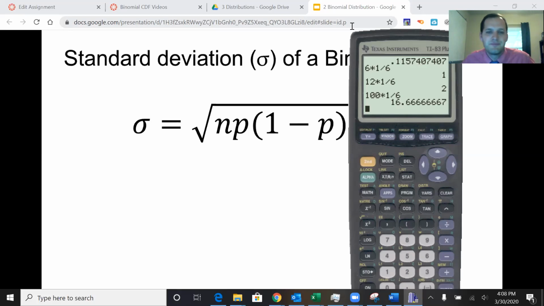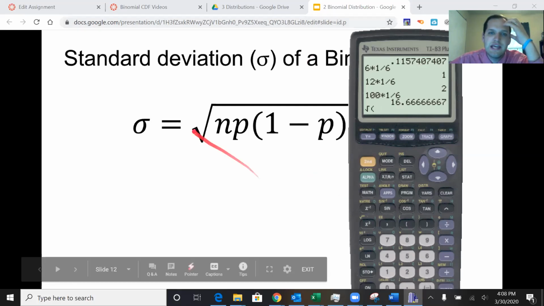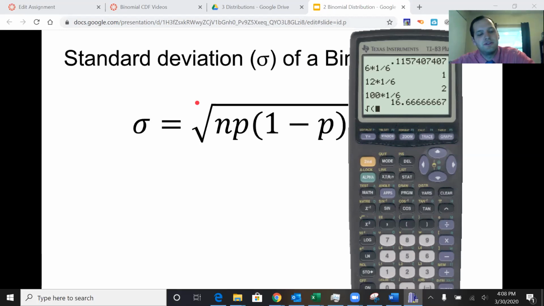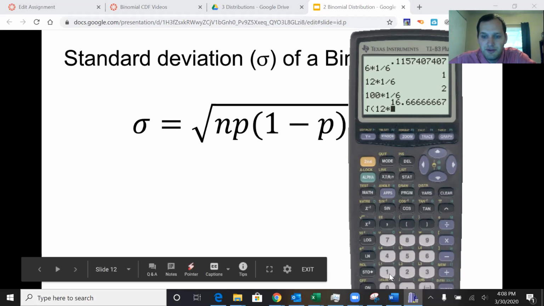Well, let's find out. We're going to take the square root. What does the n represent? The number of trials. So if we're doing the example of 12, then we're going to multiply it by p. What's the probability of getting a 6? It's 1/6 every single time.